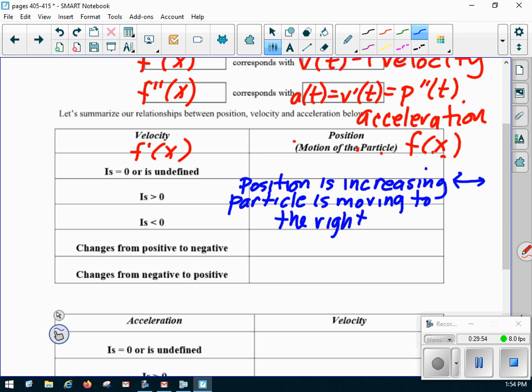For this one, it's going to be the same thing except the position is decreasing, which means the particle is moving to the left. All we are doing right now is basic position, velocity, and acceleration. So all we are doing is left and right, horizontal movement.